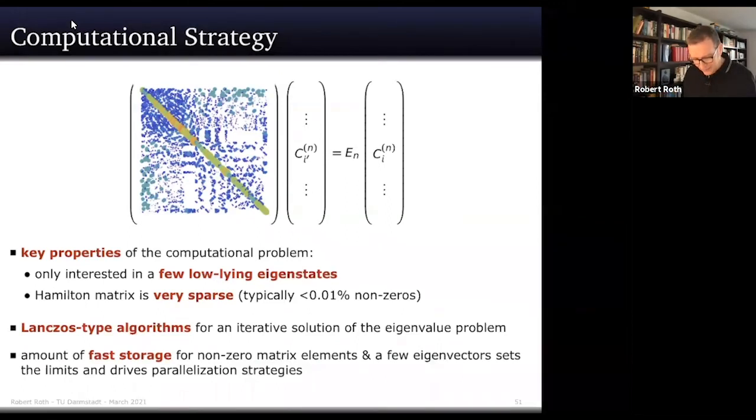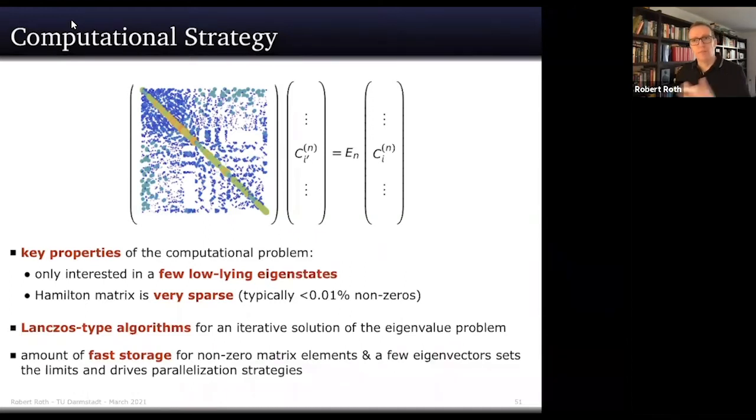And the thing that really limits you in this calculation is not the basis dimension, so this 10 to the 10, but the number of non-zero matrix elements in this matrix, because you typically have to store them. You could think about computing them on the fly, but that would make your calculation much slower. Typically they are stored in fast memory, so in RAM.